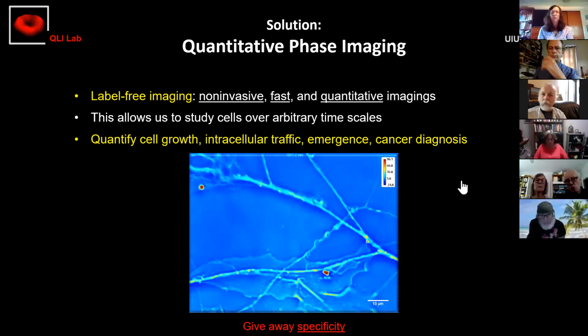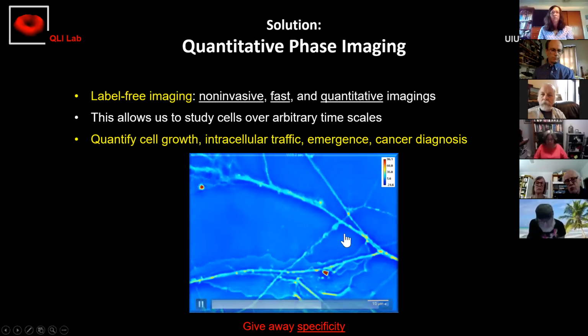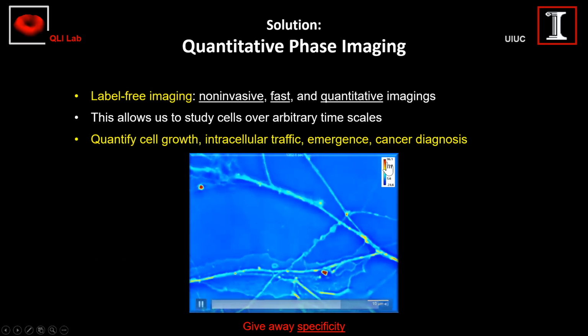In addition to having an intrinsic form of contrast, these numbers here are actually meaningful. They mean optical path length: a kind of time delay that the light took to propagate at each point in the field of view. These are nanometers of optical path length.